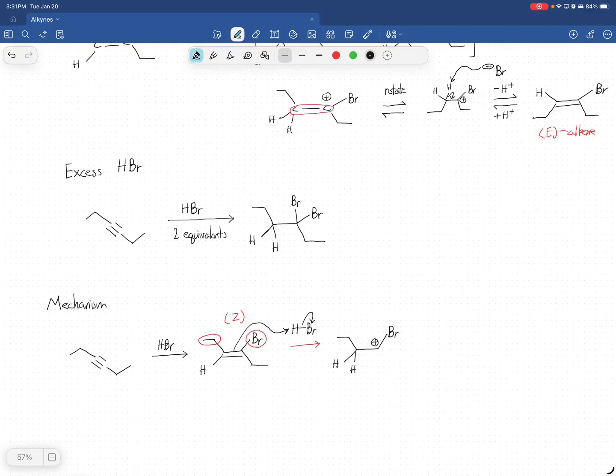So it stabilizes by resonance. And we saw this resonance structure from the bromine, like so.